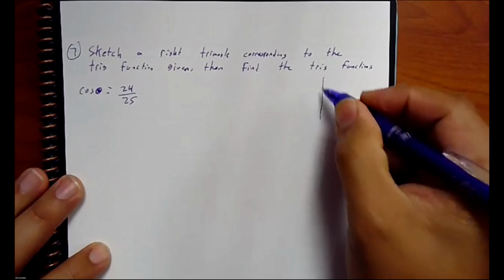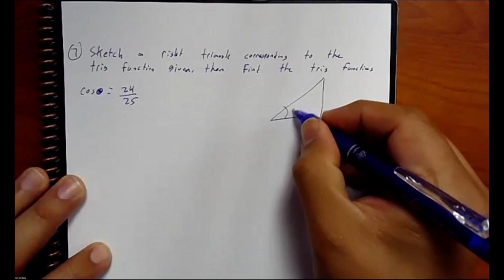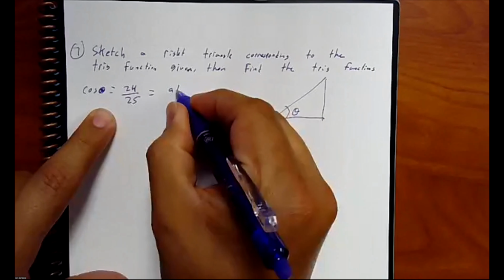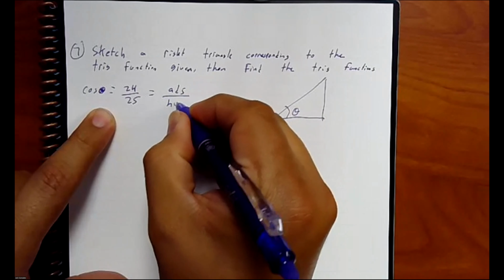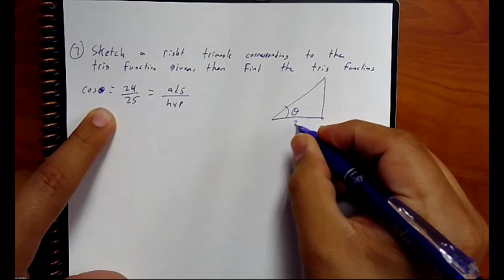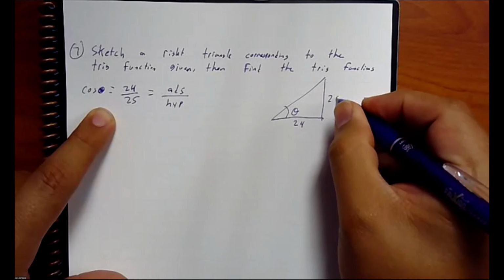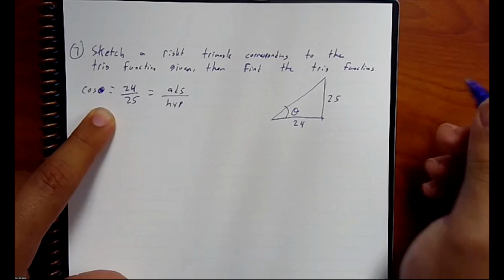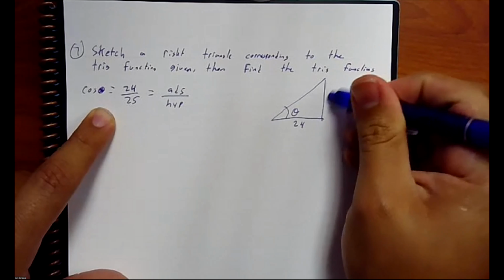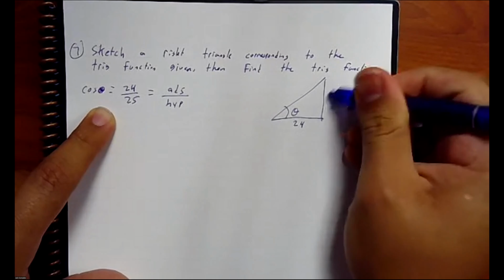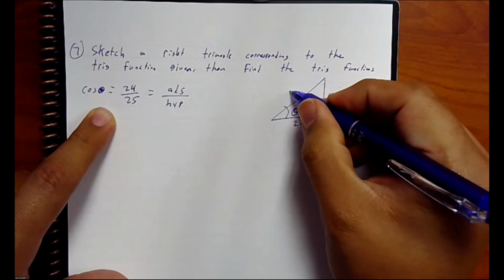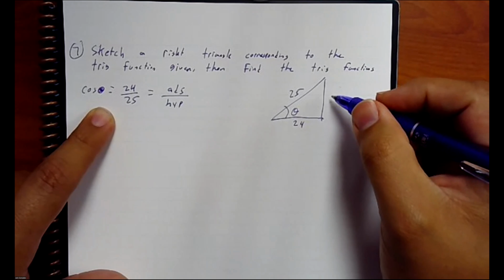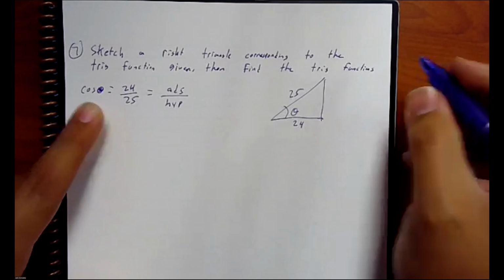Okay, so here's a triangle. I'm going to put theta here. Cosine is equal to the adjacent side over the hypotenuse, right? So adjacent is here. Opposite is there. To find the hypotenuse, I'm sorry, hypotenuse is not there, it's over here. So find the opposite side. That's what we need.